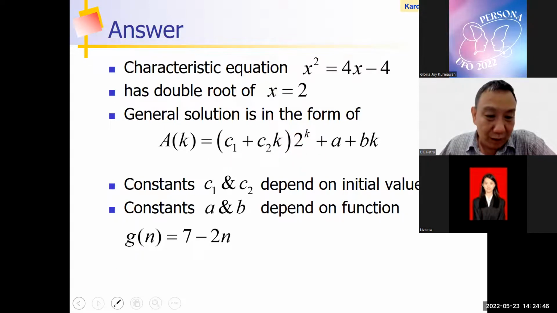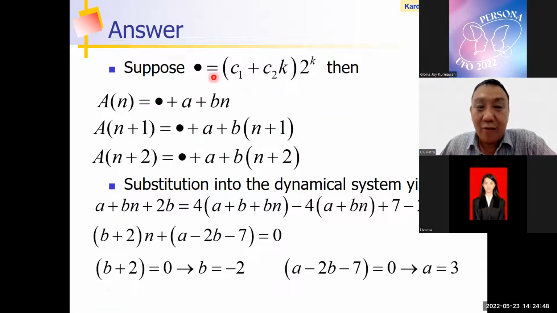I will put it as dot so that I will shorten the formula. So we know that an equals dot plus a plus bn. And again an plus 1, what is that? Same dot a plus bn plus 1. An plus 2 equals the same dot a plus bn plus 2, and so on.